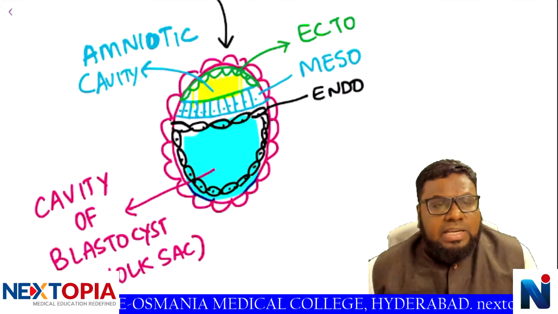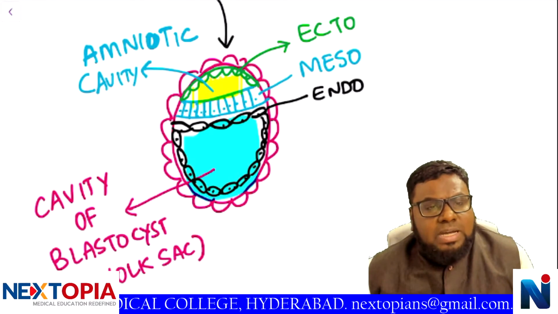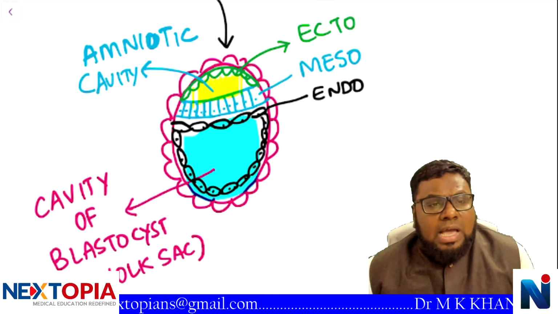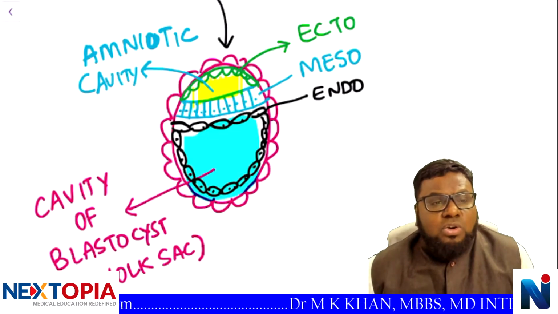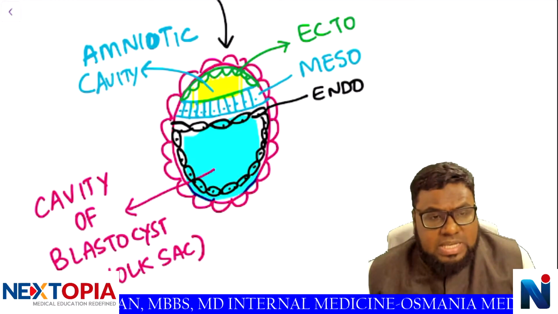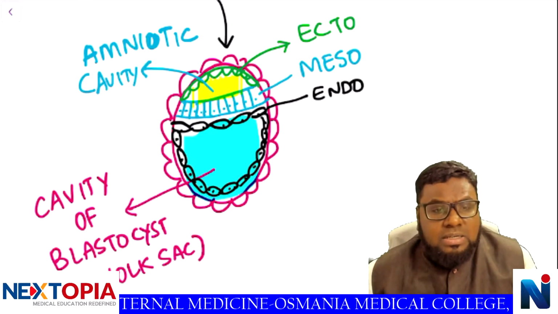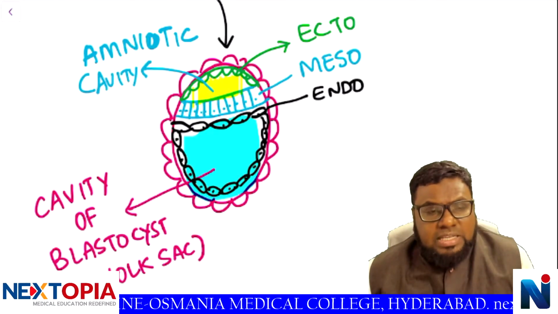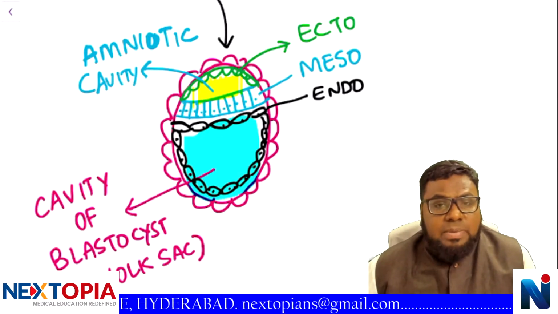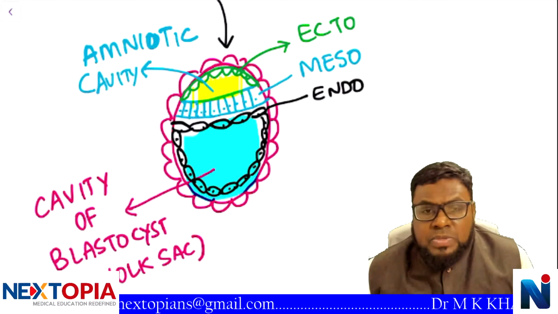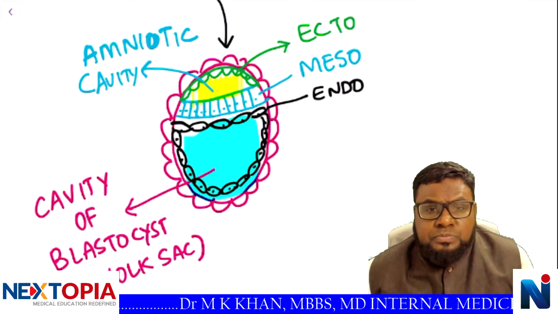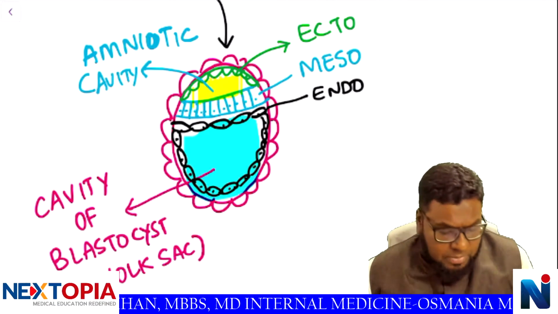Now, what is the extra embryonic mesoderm? The cells of the trophoblast give origin to a mass of cells which lie in between the trophoblast cells and the lining of the yolk sac. This forms the extra embryonic layer of cells. Why is it called extra embryonic? Because it is lying outside the embryonic disc, is it not?